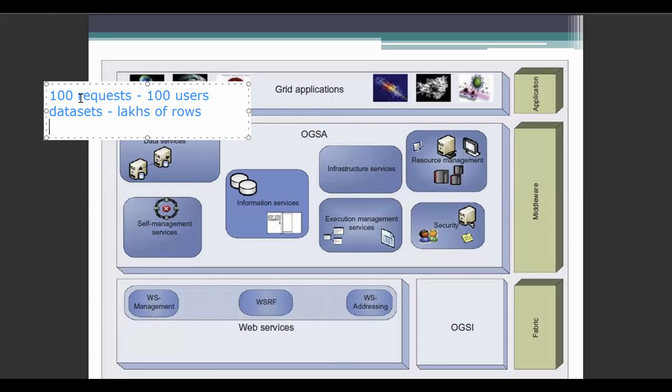For example, out of 100 requests, say 25 requests are allowed to access from 200 rows to some 500 rows, and all the people are asking for the data only. So from the lakhs of rows, you give only 300 rows of data to those 25 users. What about the remaining? The remaining will be free now.